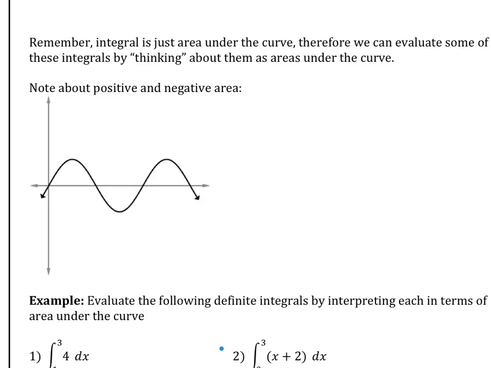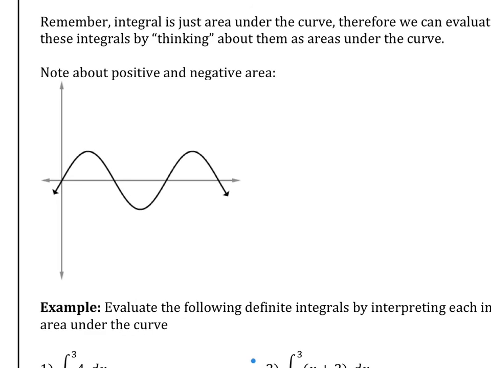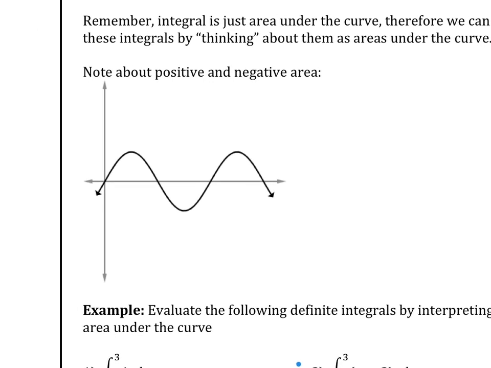All right, a quick note. We talked about how area integral means the area under the curve, between the curve and the x-axis. So let's say we're trying to find the area or the integral between here and here.